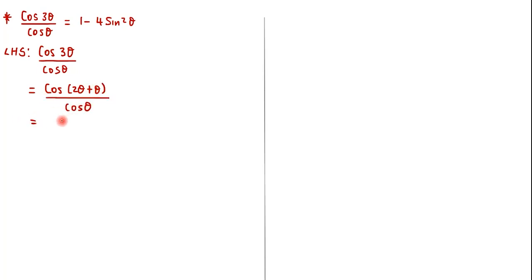And then from here we're going to apply our compound angle for cos. So it's going to be cos 2 theta times cos theta minus sine 2 theta times sine theta, all divided by cos theta.